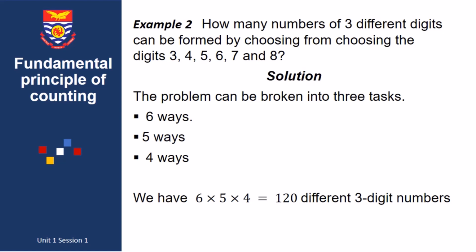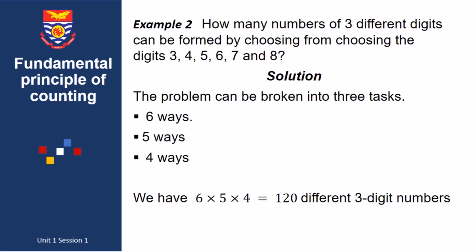So how many numbers will be left for us to select the tens digit from? Only 5 numbers. And we move on to the ones digit. We'll be left with 4 numbers to choose from. So in total, we're going to have 6 times 5 times 4, which equals 120 different 3-digit numbers to form.